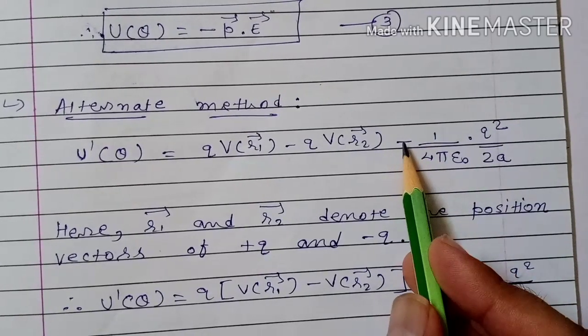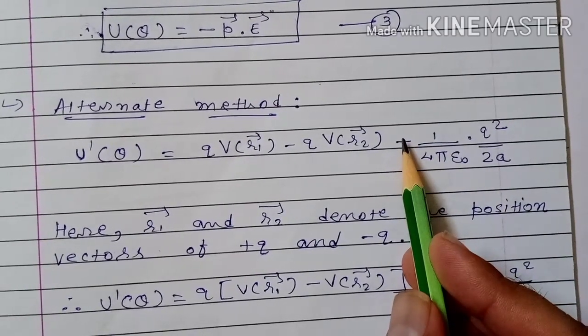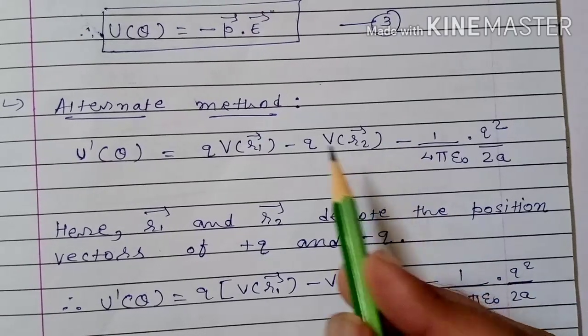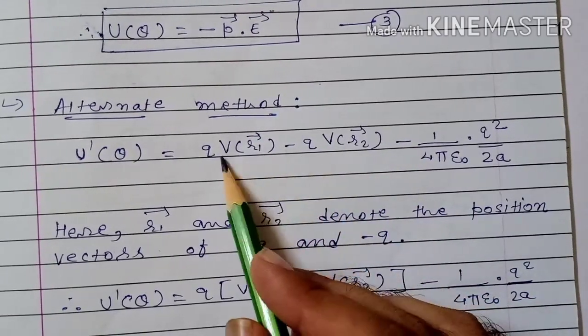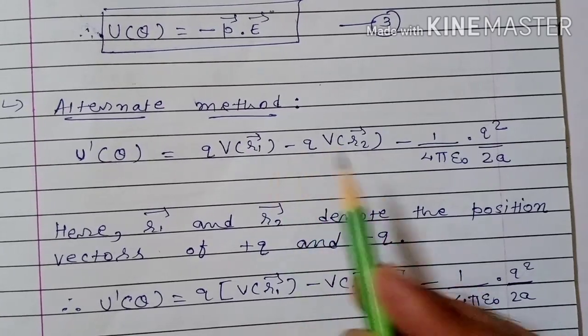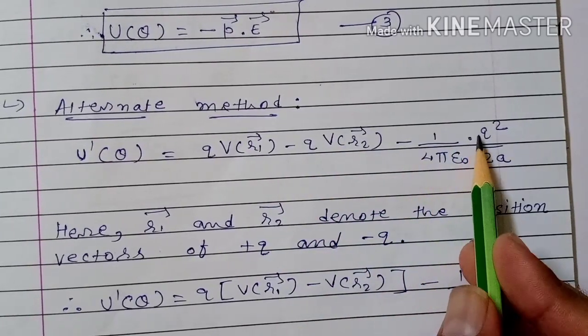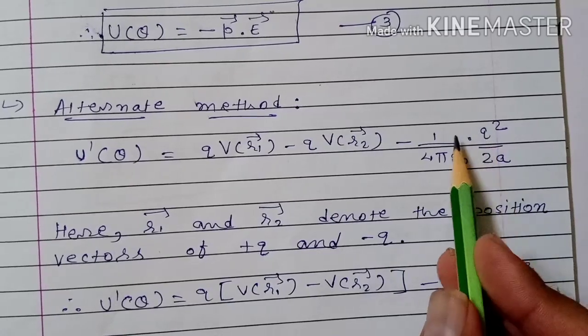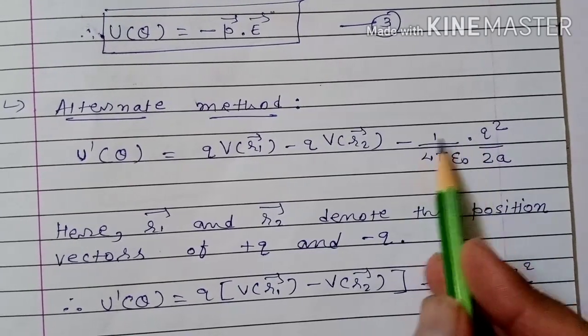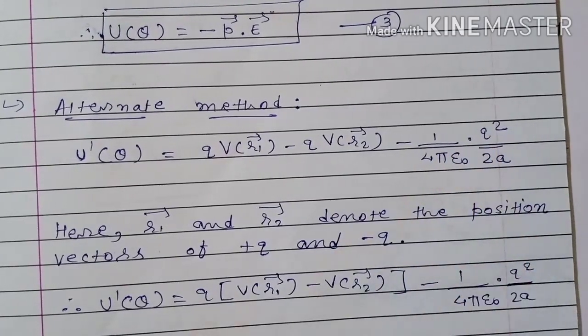That is why I have taken minus. Actually we should write plus, but the second charge is negative, so plus Q into minus Q will give you minus Q square. So instead of plus I have written minus 1 upon 4 pi epsilon naught Q1 Q2, that is Q into minus Q, that is minus Q square upon 2a.